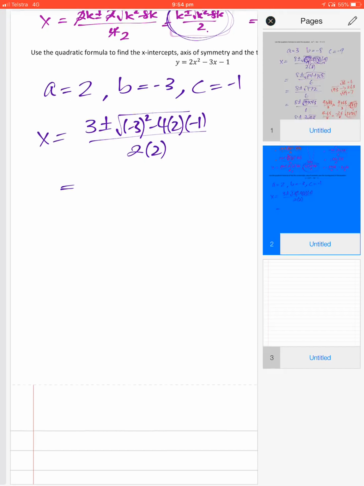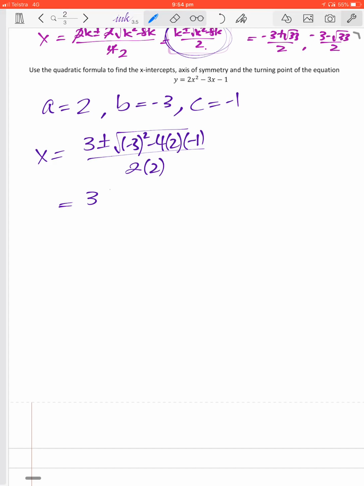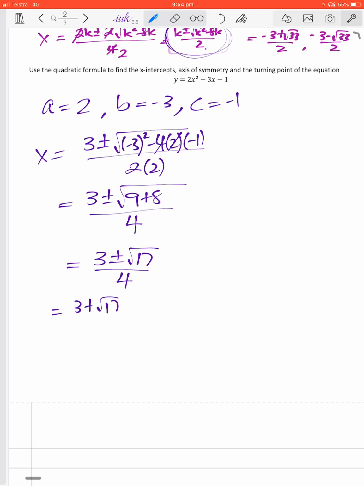From here, we get 3 plus or minus the square root of 9. 4 times 2 is 8, times -1, that's going to be +8, on 4. So we get 3 plus or minus root 17 on 4, which is 3 plus root 17 on 4, or 3 minus root 17 on 4.